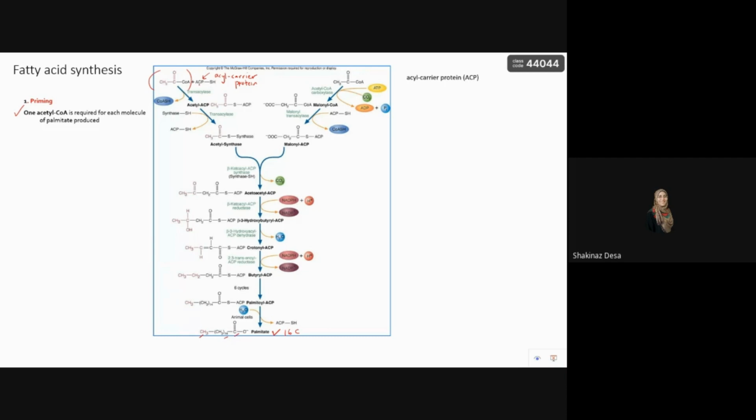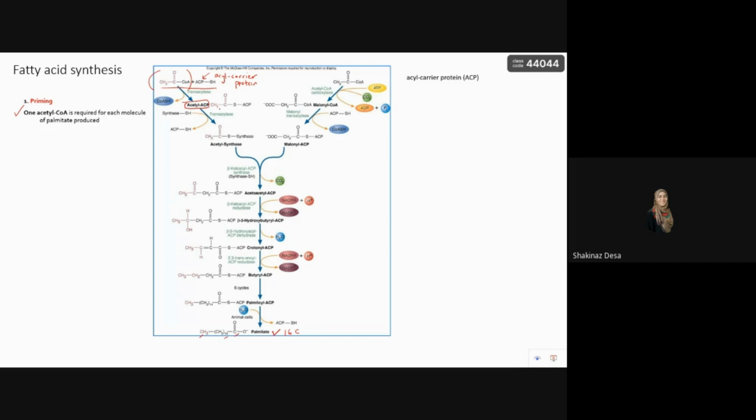Now dia dah ada ACP dengan CoASH, so it requires transacylase enzyme where the combination antara kesemua ni akan menghasilkan acetyl ACP. So this is the structure.